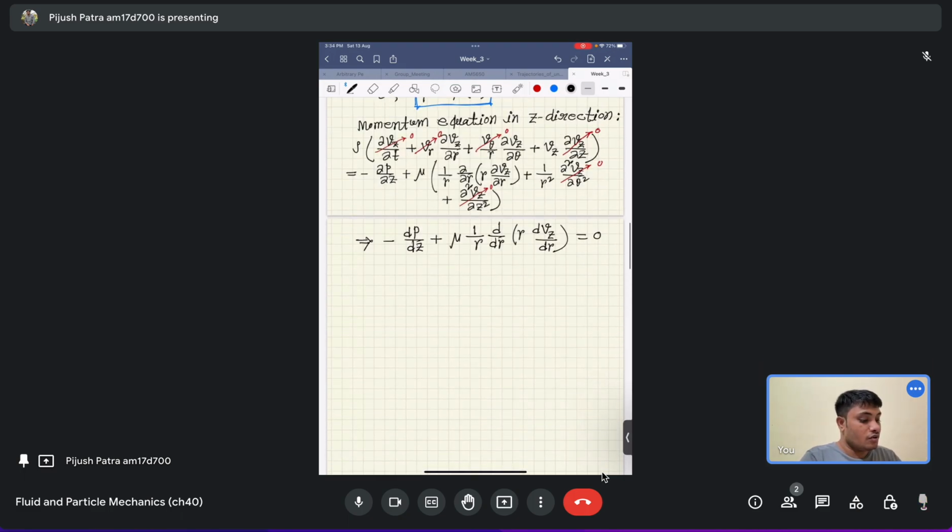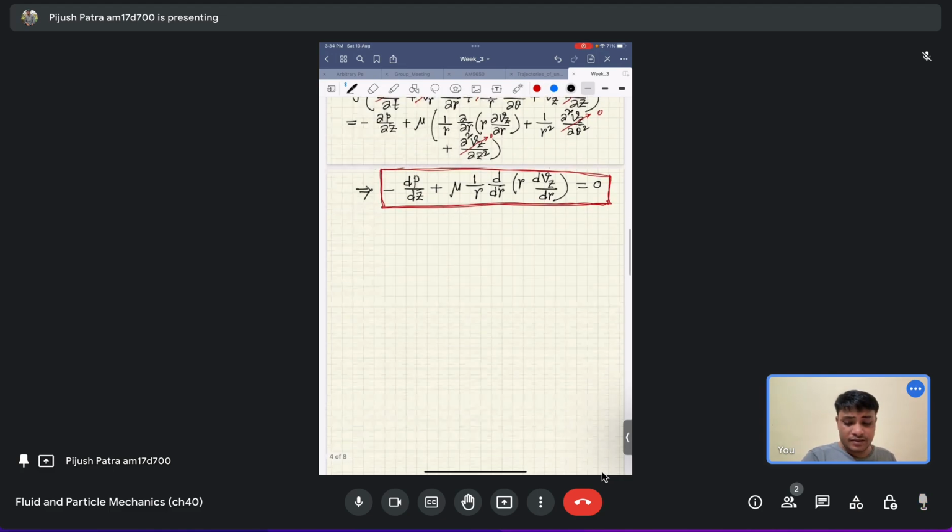So this is the equation which I got for the jet momentum equation. So it is possible to solve analytically, right?